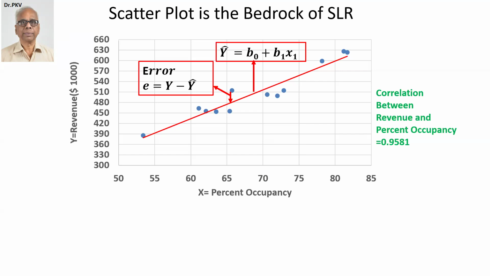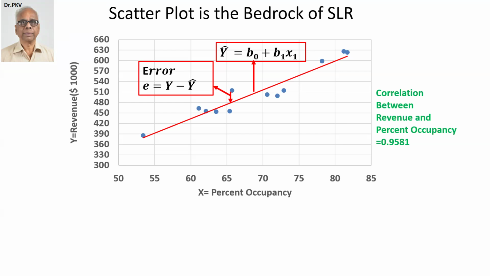The revenue management in a hotel is a function of room occupancy percentage, and we have the estimated equation, the line of best fit plotted with the actual data points for the given data set. And we have a strong linear relationship that as insight we got from the scatter plot, which is the bedrock of simple linear regression.